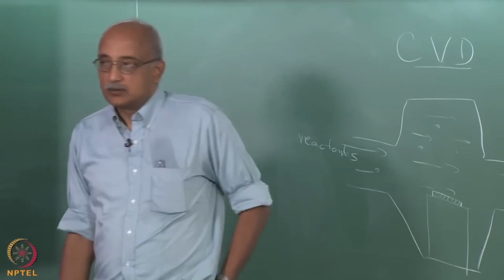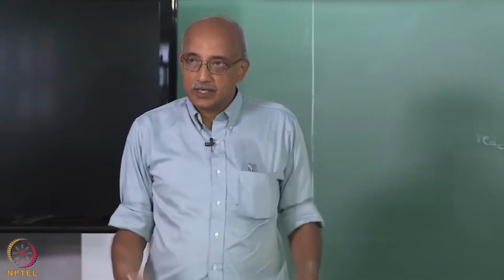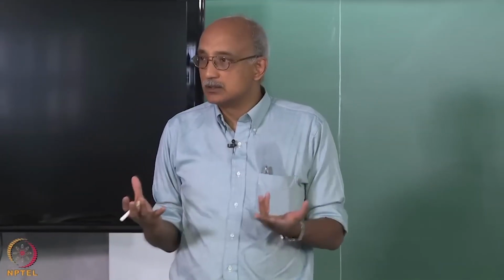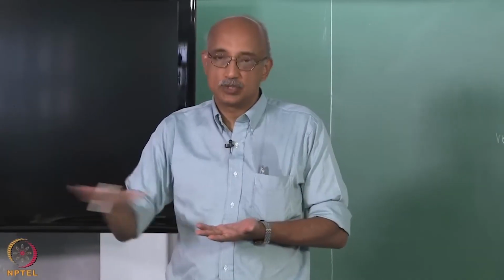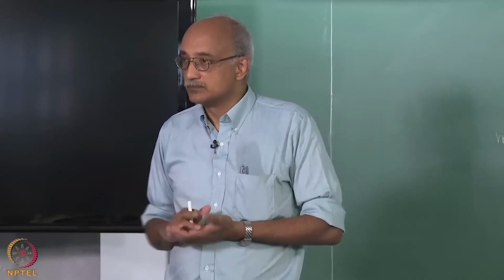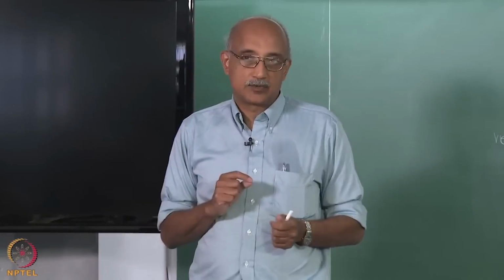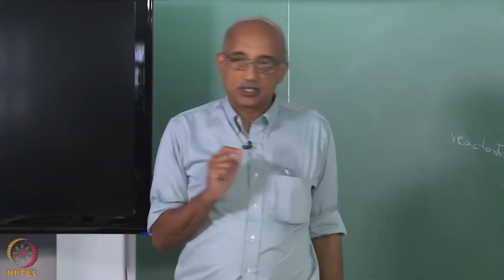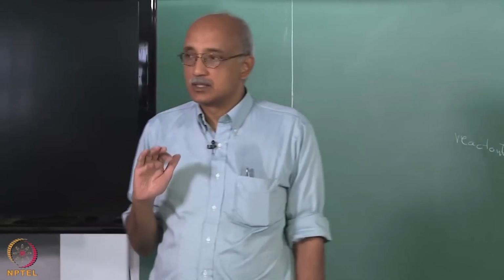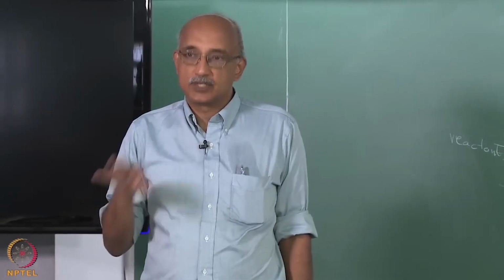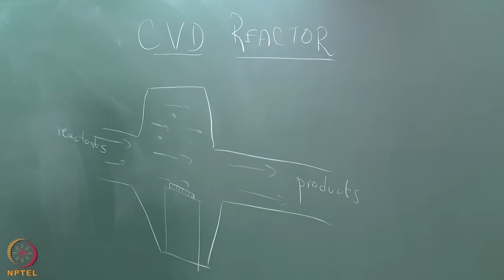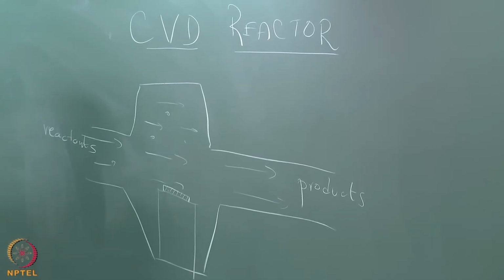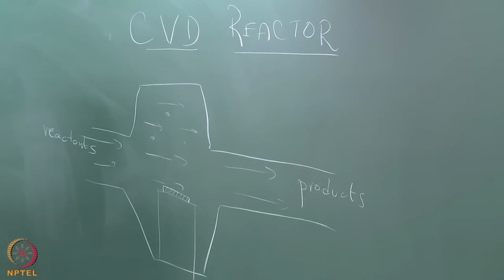That would not be good, because what will result is a very flaky, powdery deposit rather than a continuous and well adhered film. So, the entire point of a CVD reactor is to design it such that the formation of the condensed phase only occurs at the substrate on which deposition is supposed to happen, and you completely suppress its formation anywhere else in the reactor.